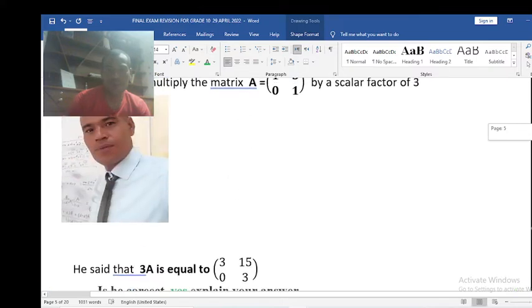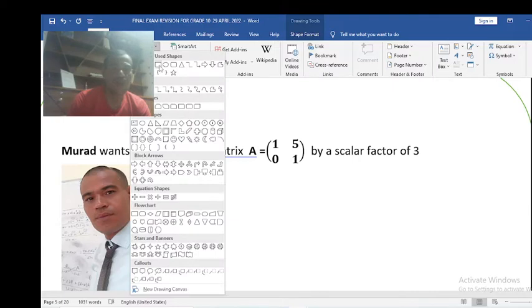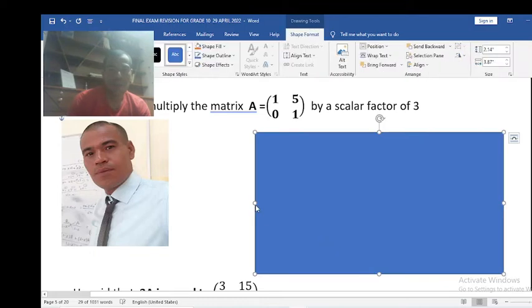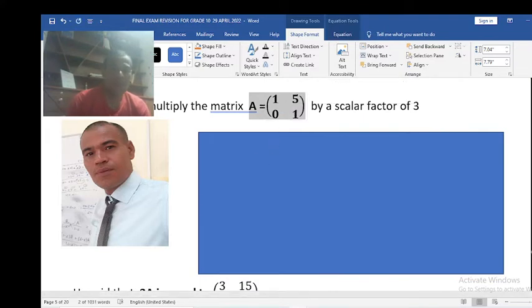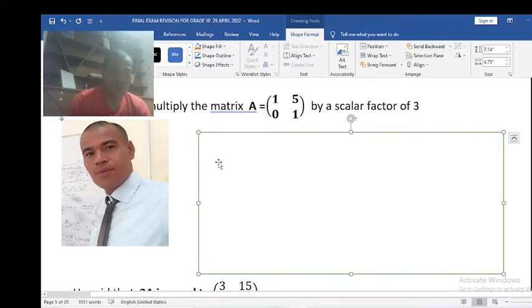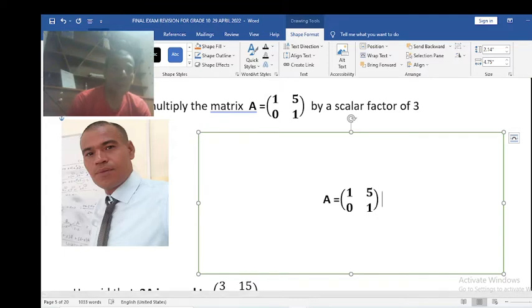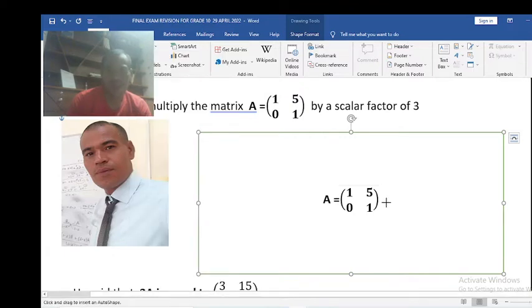Let's do it. I will just insert a square where I can show my working. Like that. And then this is my matrix. I will make a copy. Okay, yes, so this is my matrix. Then I'm going to multiply this by the scalar factor of 3.